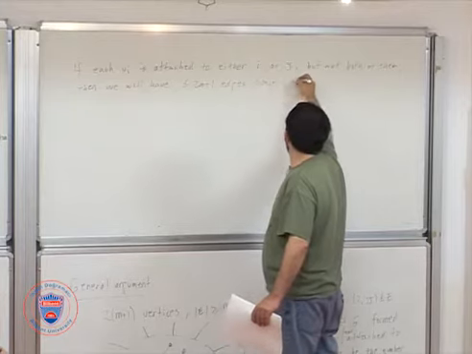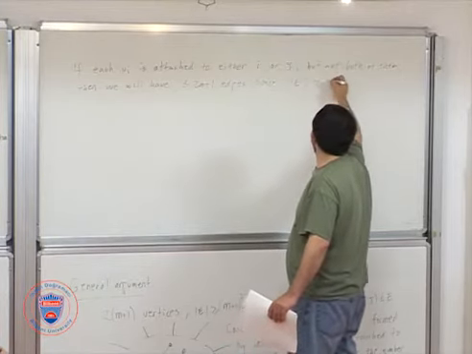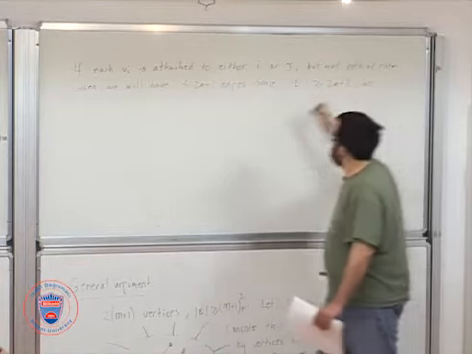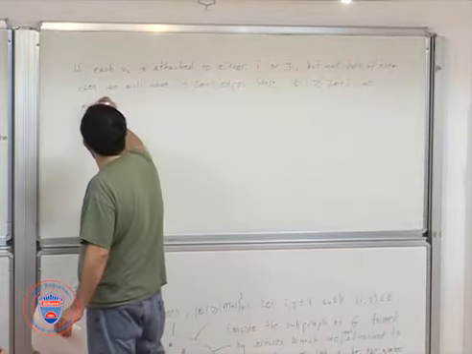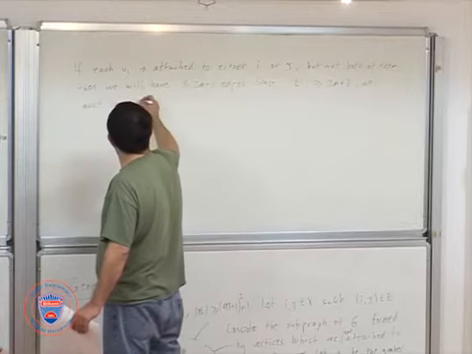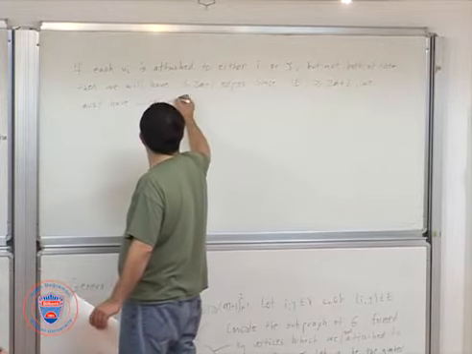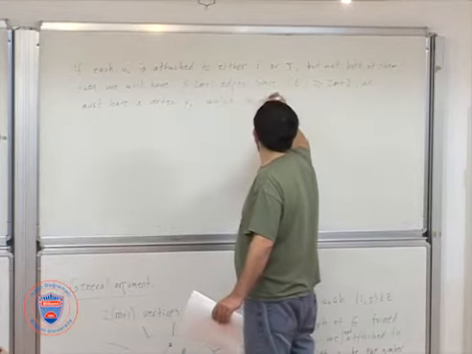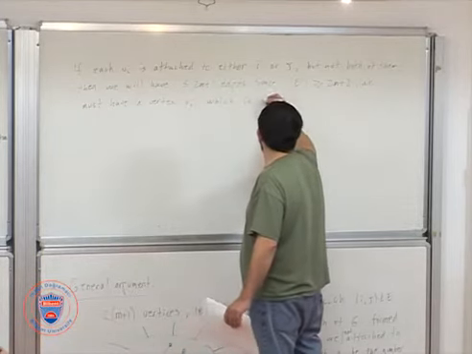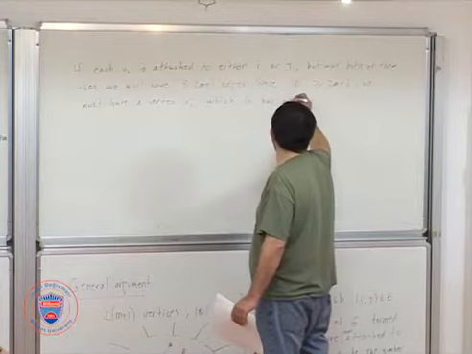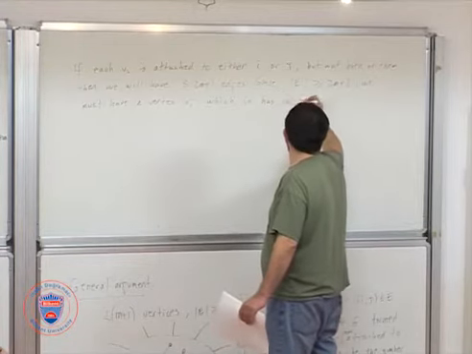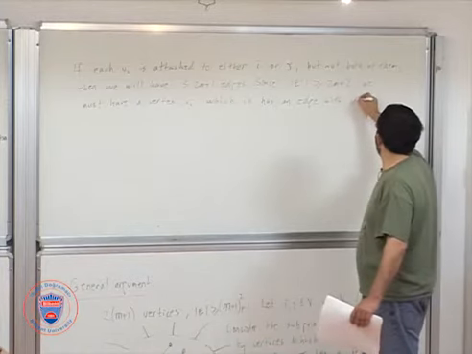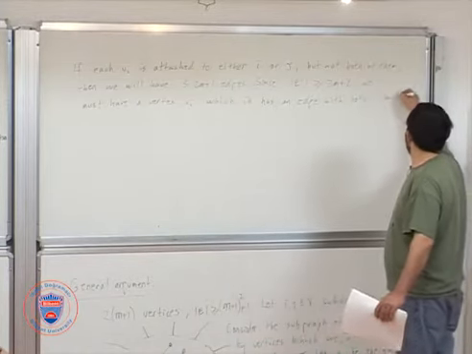Since the number of edges is bigger or equal to 2m plus 2, we must have a vertex Vi which is attached to both i and j, which has an edge with both i and j.